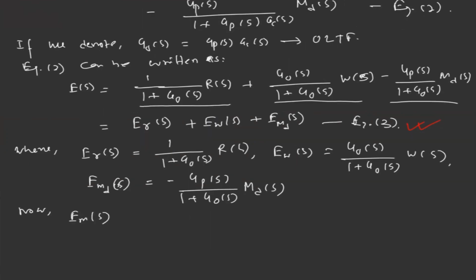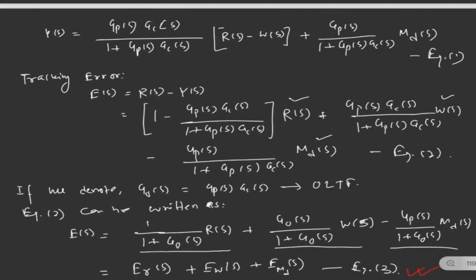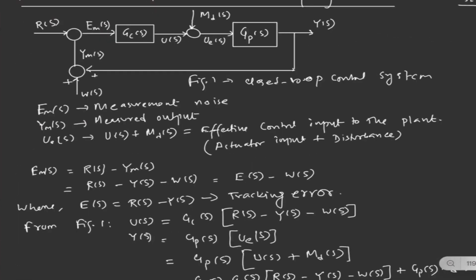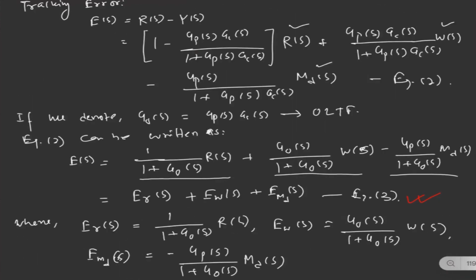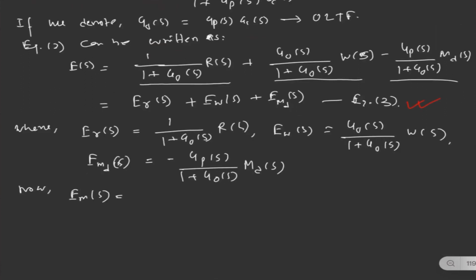Basically, in the control system block diagram we have considered here, only E(M)(S) is there. Our main aim is how we can neglect E(M)(S), how we can make E(S) or E(M)(S) go to 0 as time tends to infinity.